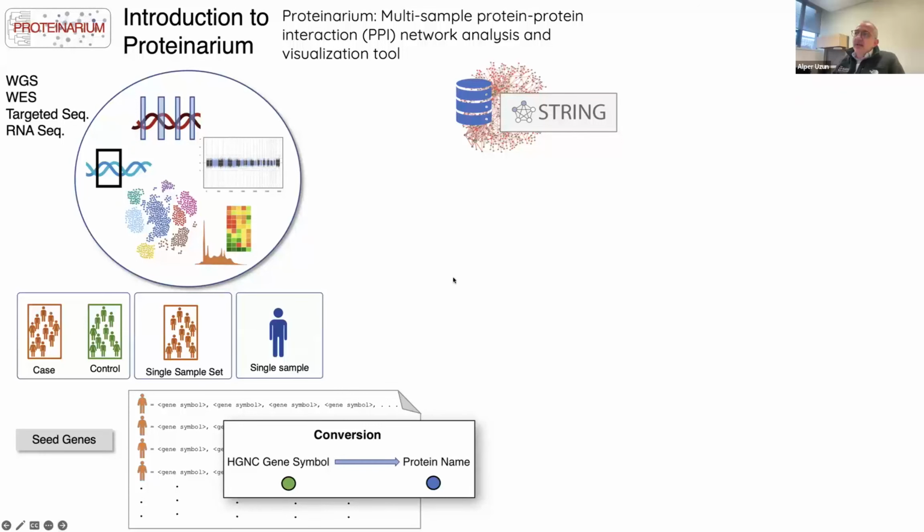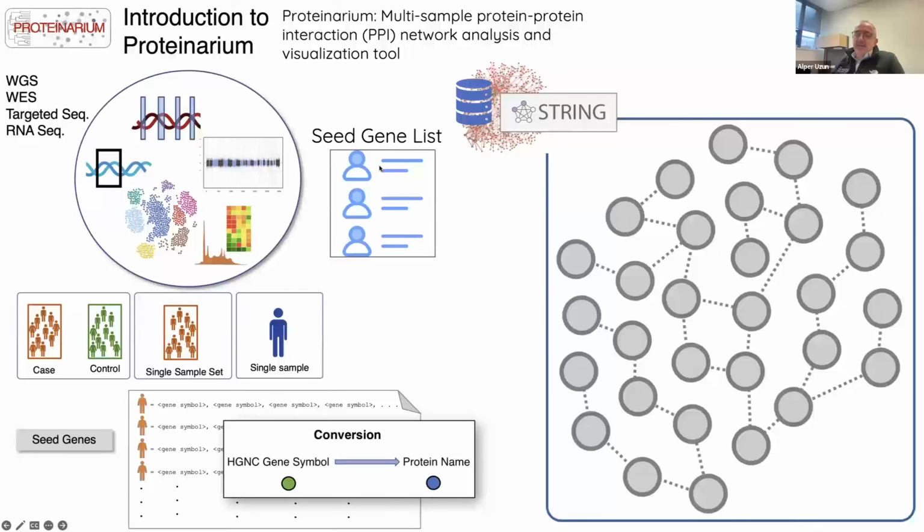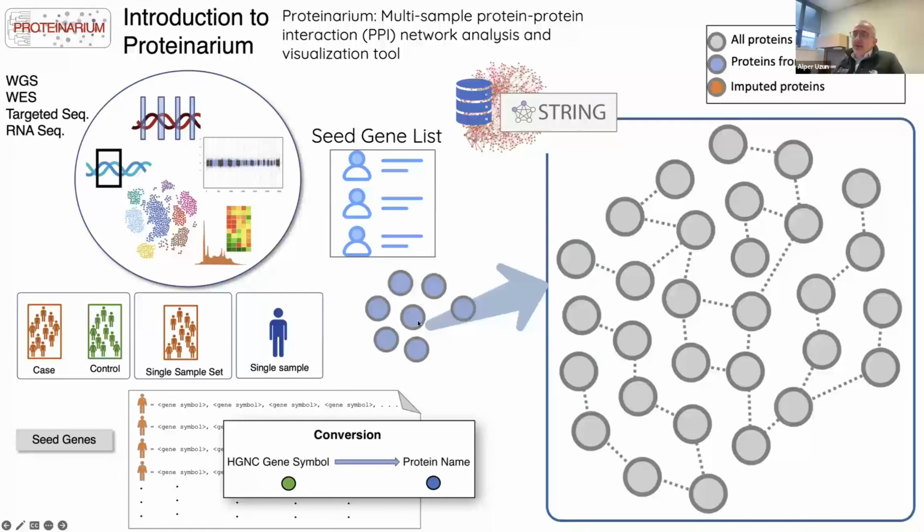So now we have this protein-protein interaction list. Just imagine that these are thousands of protein-protein interactions; this is a representative image. You get these interactions from STRING, and you have your seed gene list. For each patient, you have your proteins, and you map those proteins. The blue colors are the proteins that you have in your list. You map them on this protein interaction map.